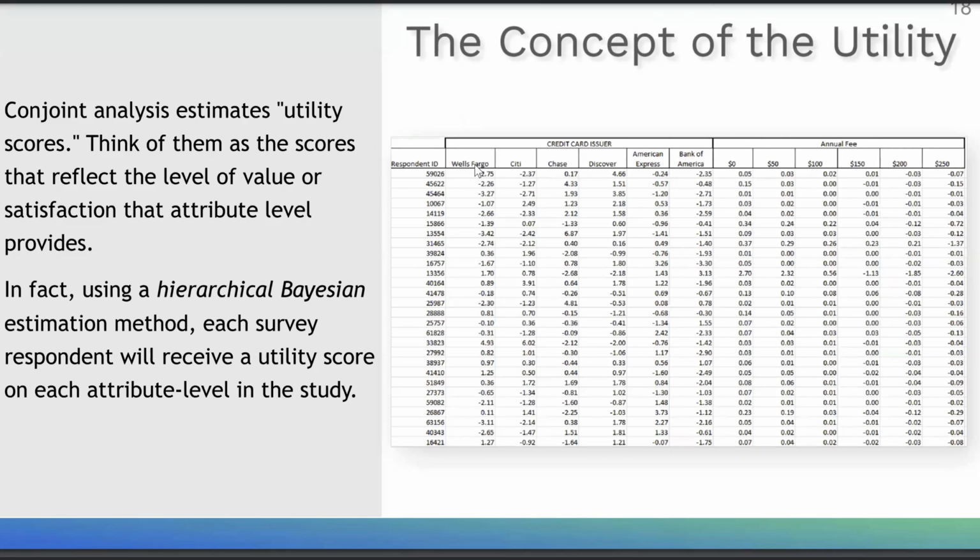Multinomial logistic is just one step further, where you have more than two potential outcomes. That technique gives you utility scores for the attributes and their levels. Now, if you use the hierarchical Bayesian technique, then you will get utility scores for every one of the respondents.